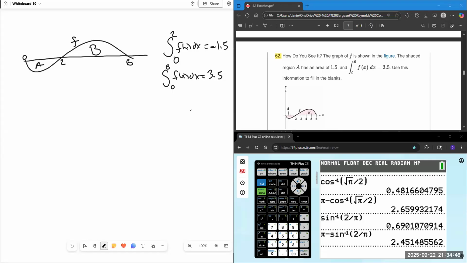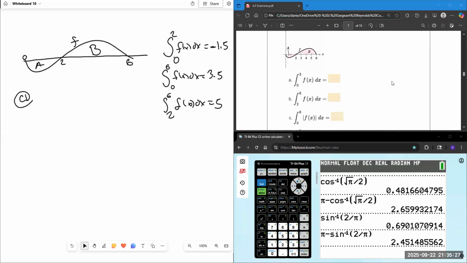So I should be able to find out what b is by saying that negative 1.5 plus b is 3.5, b is 5, or the integral from 2 to 6 of f of x dx is 5. So let's use all that information to answer some questions. Some of them will be the things that I just answered.